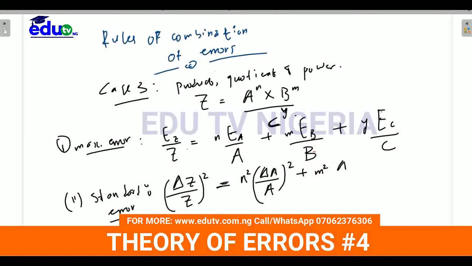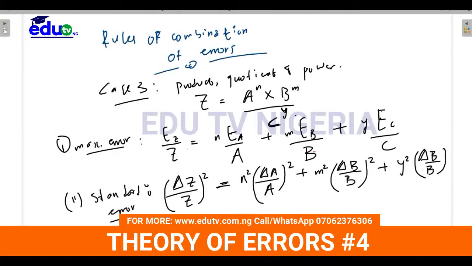Plus m squared times error in b over b all squared. Now don't forget squares, and please don't confuse one for the other. So this is pretty much it. That's the way you solve, and everything will be fine.